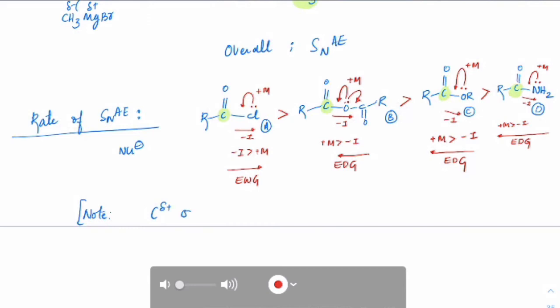The more delta positive on this group, the better is the attack of the nucleophile. Write that.